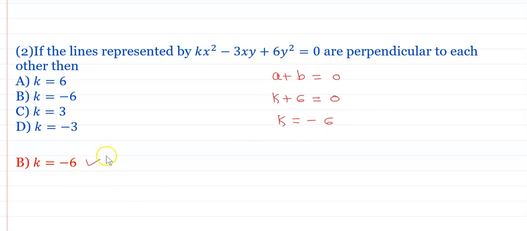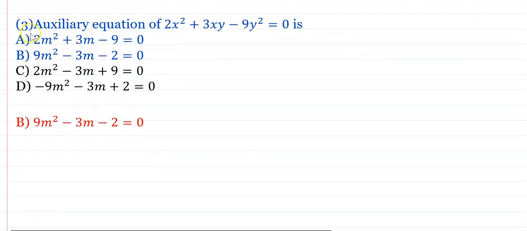Okay. Now the next, the auxiliary equation of 2x square plus 3xy minus 9y square is equal to 0 is. To convert this to the auxiliary equation, divide the whole equation by x square.